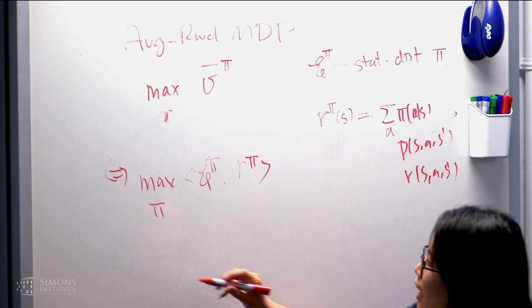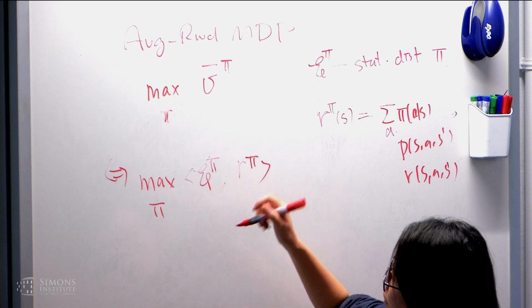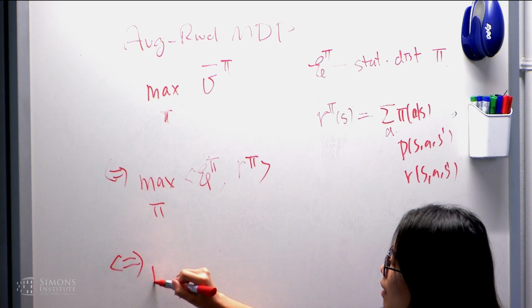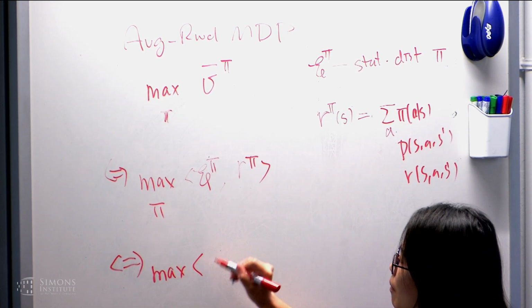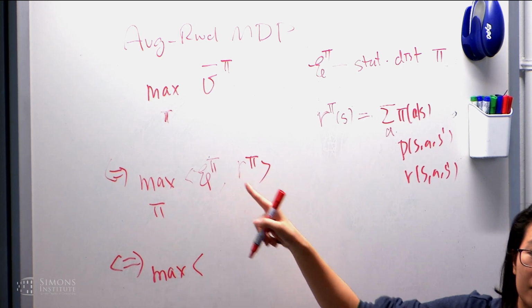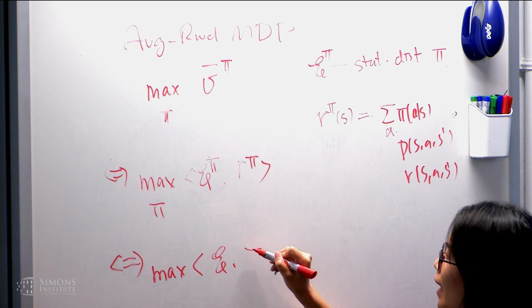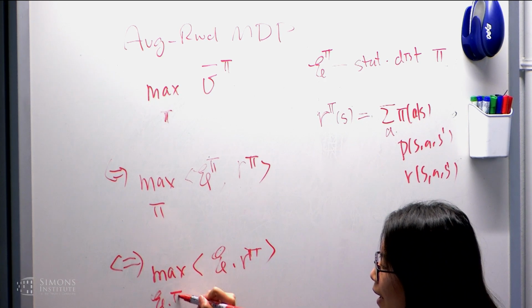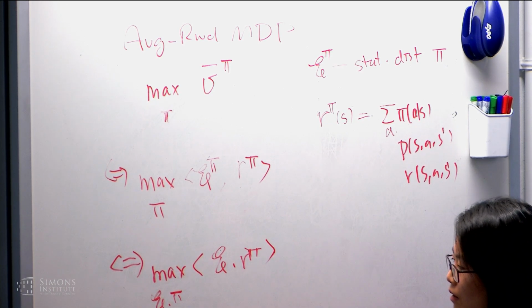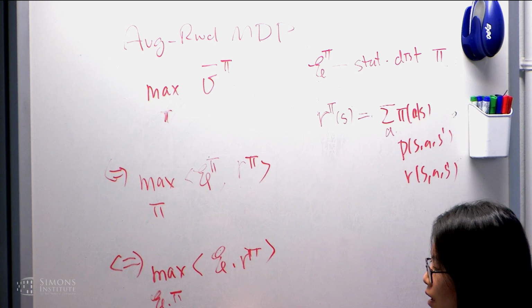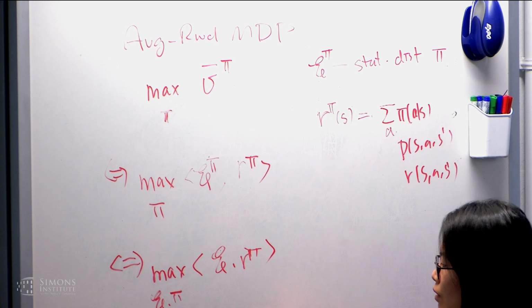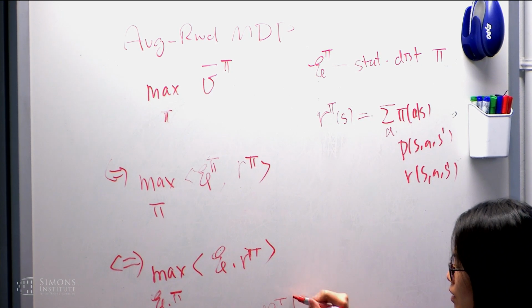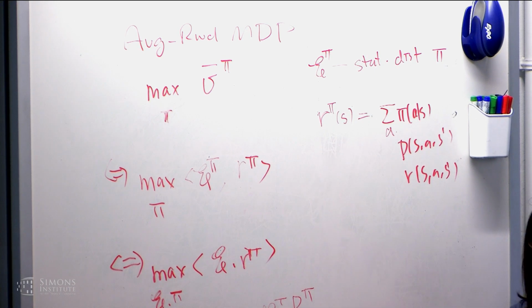And I can free up my psi as a function of pi by optimizing jointly over psi and pi, with an additional assumption that psi transpose equals psi transpose P pi.